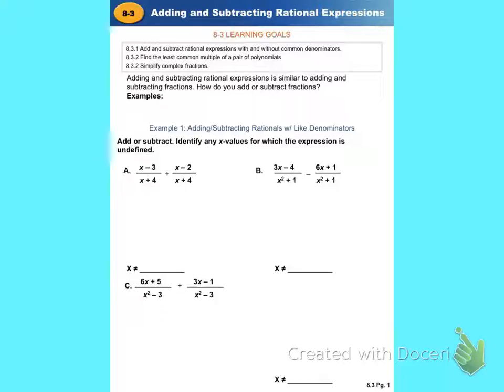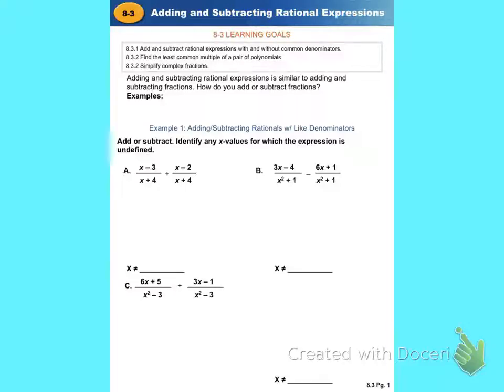Well, when you think about fractions, it was always easier to multiply and divide fractions because to multiply and divide fractions, you don't have to have what's called a common denominator. And that is what makes adding and subtracting fractions more difficult. And that's why we're looking at adding and subtracting rational expressions after we've looked at multiplying and dividing. It's a little trickier, but I'm sure you can handle it.